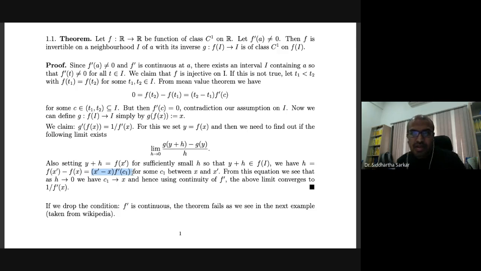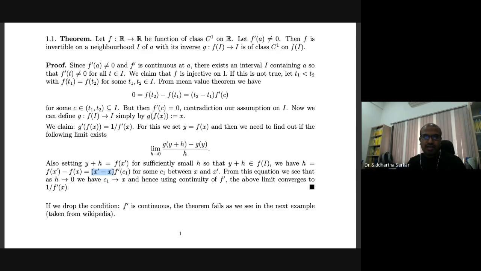Now, again, this is a little intuitive. As my h approaches 0, this is where you would need f(I) to be an interval. As h approaches 0, this x prime slowly converges to x, and therefore it forces your c1 to converge to x. So this quantity in the denominator, and of course x prime minus x is already in the numerator, so that would cancel.